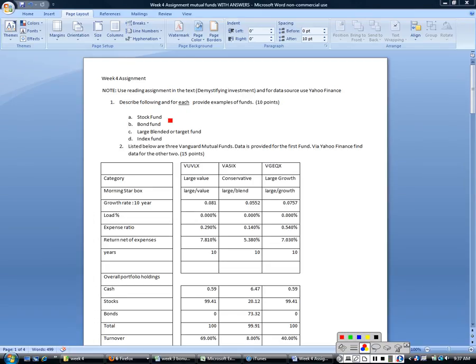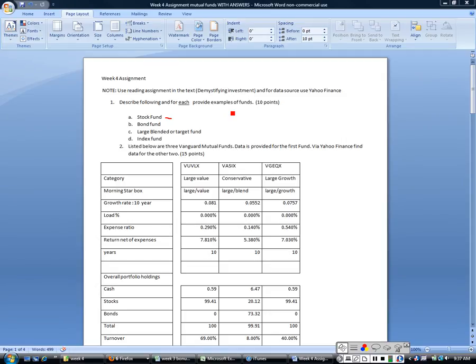Stock fund. A stock fund is a mutual fund or an ETF, some kind of fund, which has basically all stocks. There are no bonds in there, and it's called a stock fund. Now, within the stock fund, you can have a value fund, which means all the stocks are going to be large companies. You can have a value growth fund, which means there may be some companies that are large, but potentially investors think there is some growth opportunity.